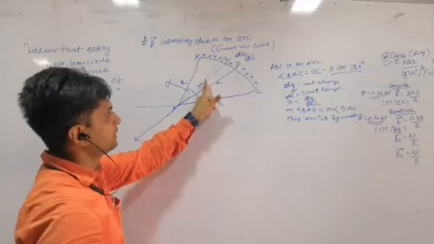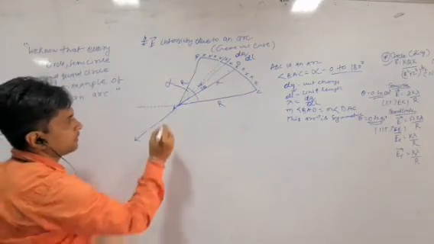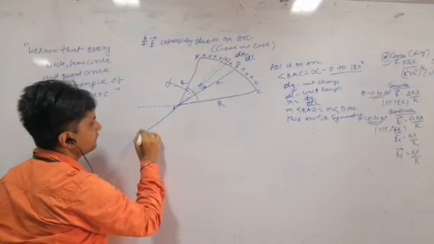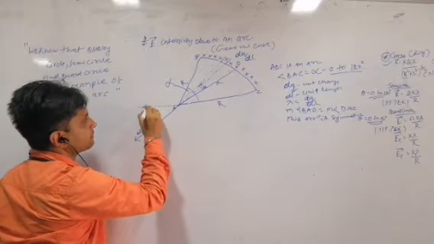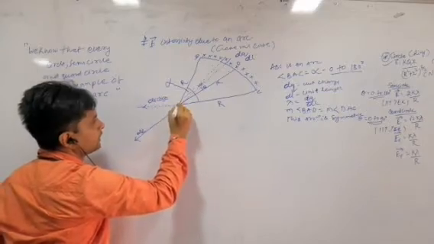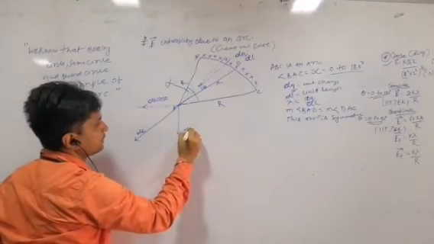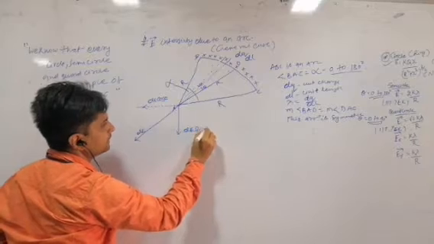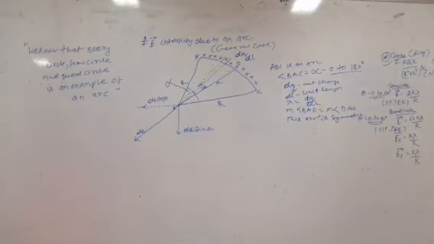If it is theta, this is d theta. So we have dE cos theta and dE sin theta. Okay or not? Yes.